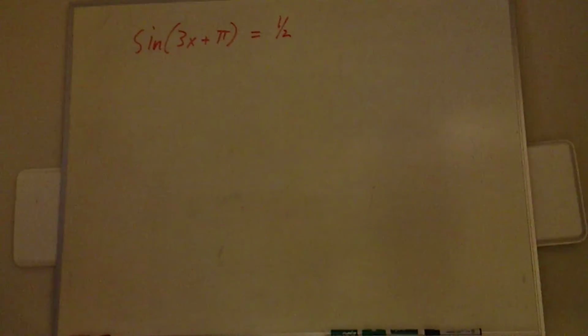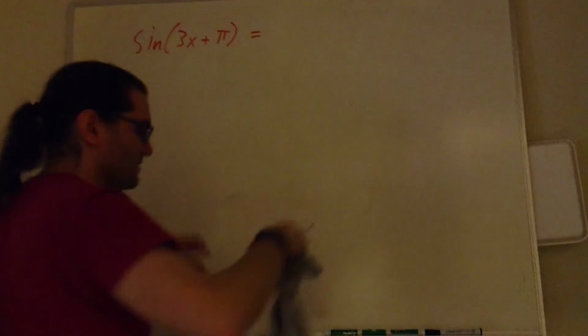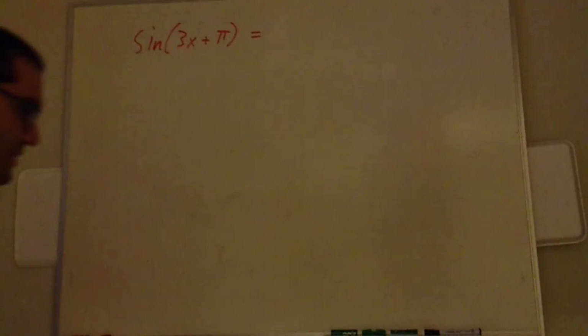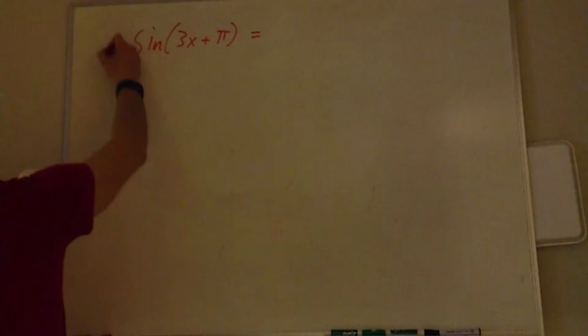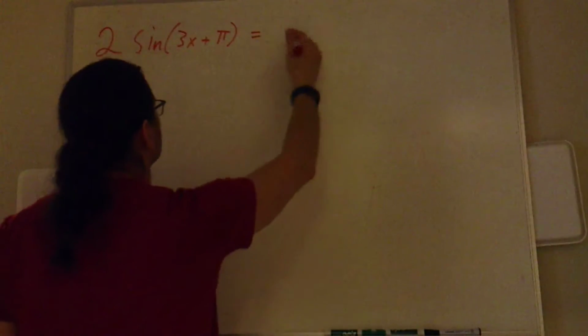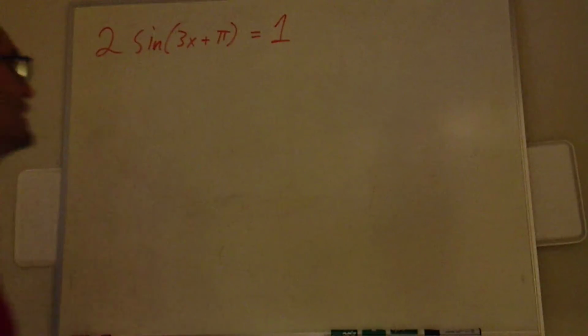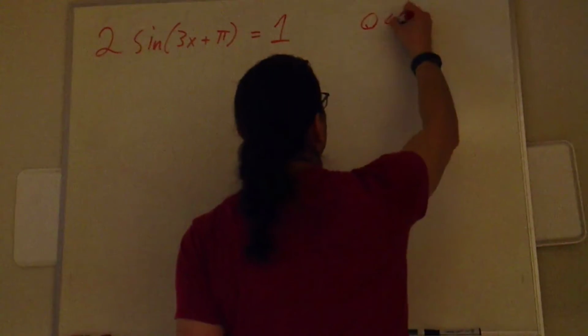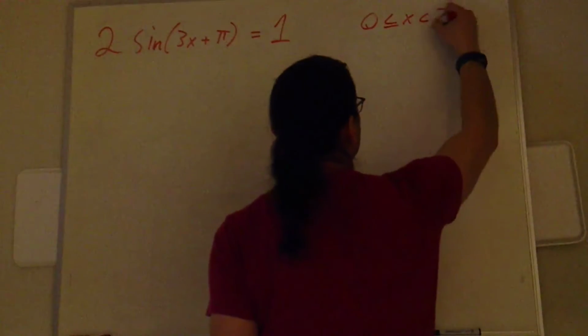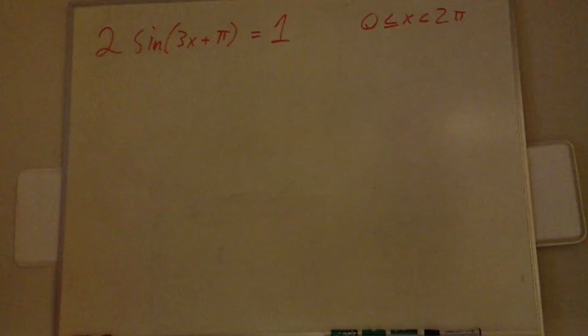Actually, let's do something else. This will be an excellent opportunity for me to just add a step that the homework will sometimes do. Let me say 2 sine of 3x plus pi equals 1. And again, I'm going to say that x is definitely in this range from 0 to 2 pi.